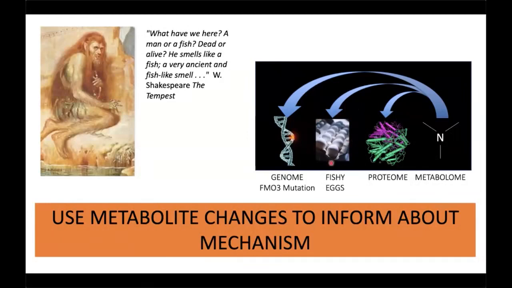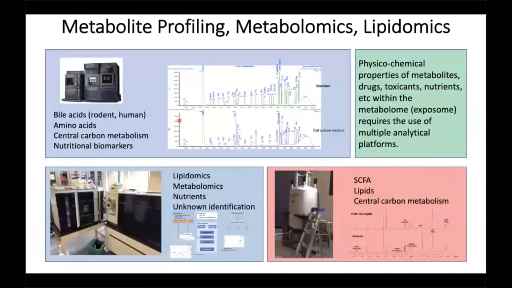In this case, these are chickens that laid eggs with fishy taint. This was ultimately then worked back to help to identify a mutation in FMO3. Fish odor syndrome was actually also described by Shakespeare, perhaps in The Tempest, in his description of Caliban, who was likely suffering from fish odor syndrome as well.